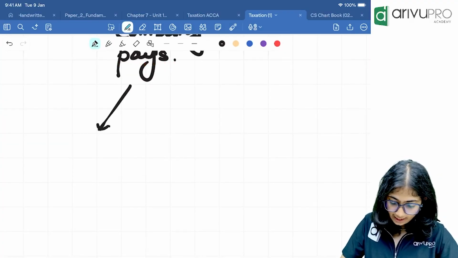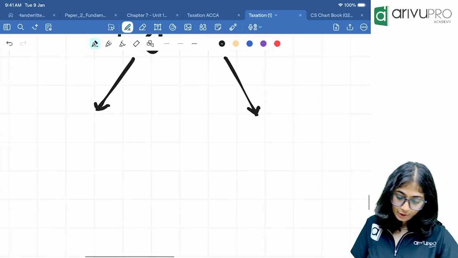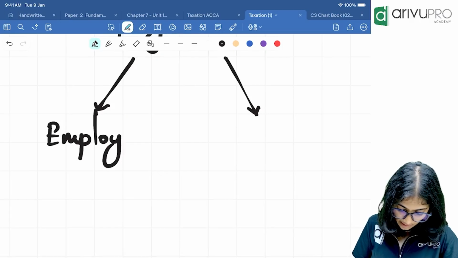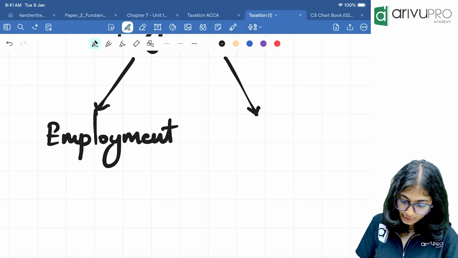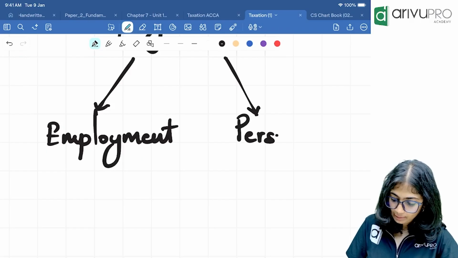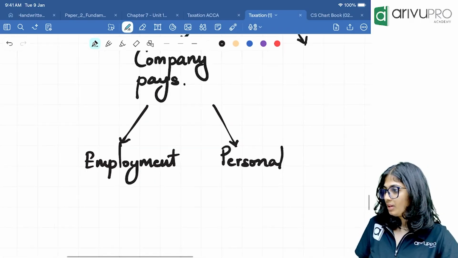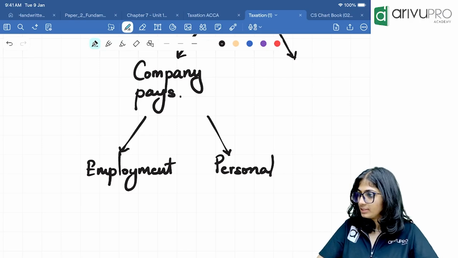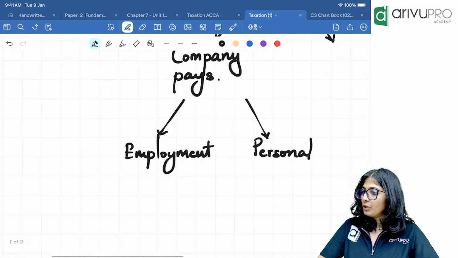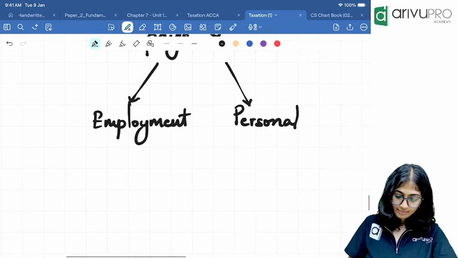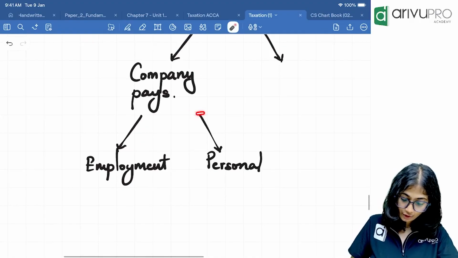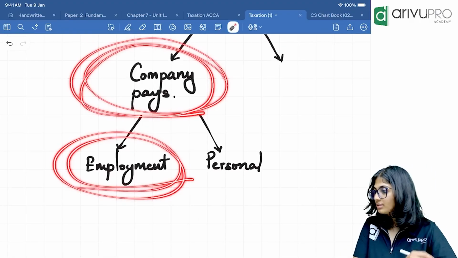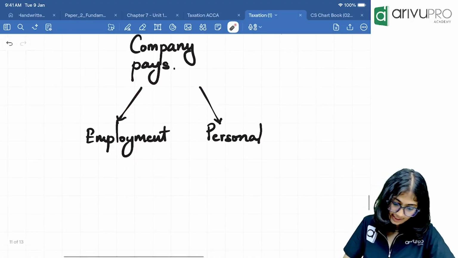You are using it either for employment purposes or for personal purpose. True? Either you're calling your friends on that telephone or you're calling your workmates. Right? If the company is paying for it and it is for employment, then it is deductible.